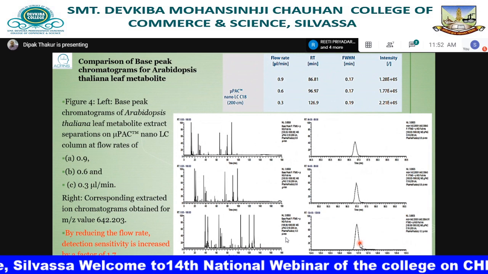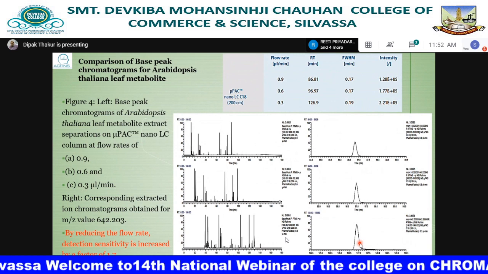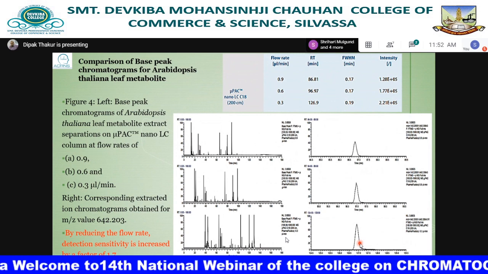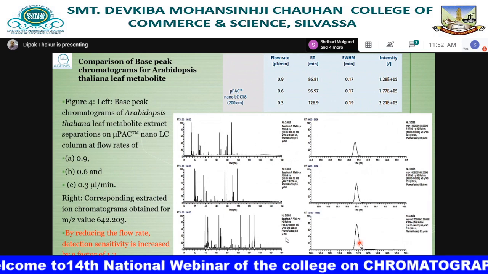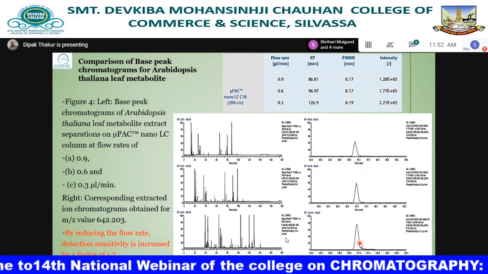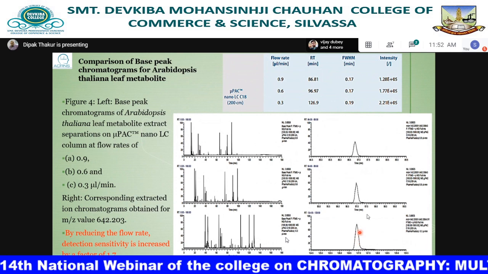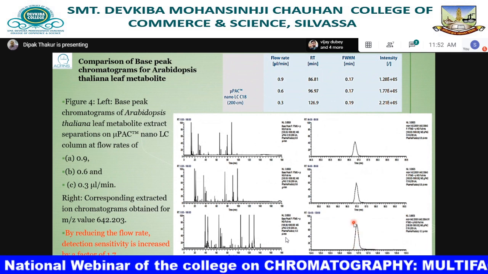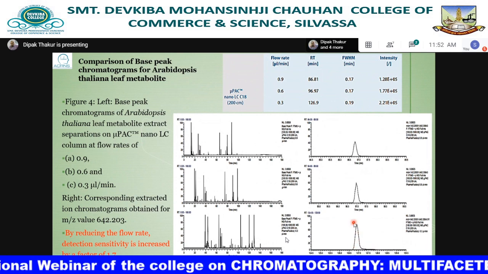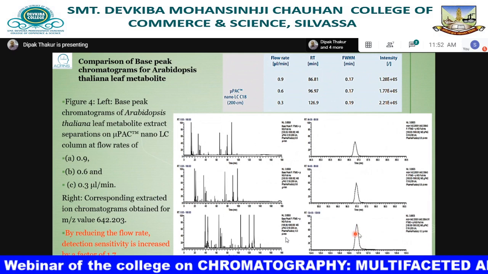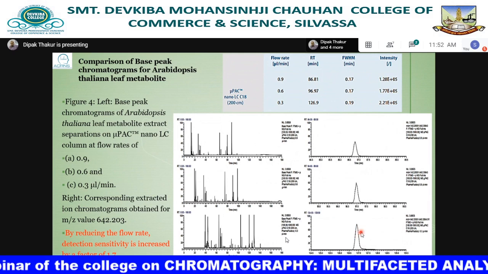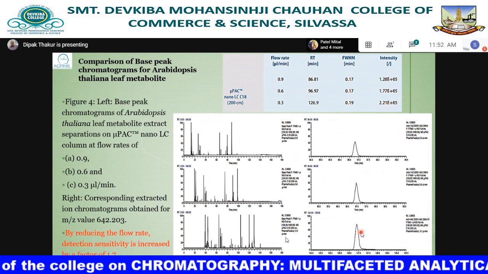This intensity increases due to better electrospray ionization, which increases the response in the mass spectrometer. It is present in this amount, but if you use the optimum flow rate, you get a better response.